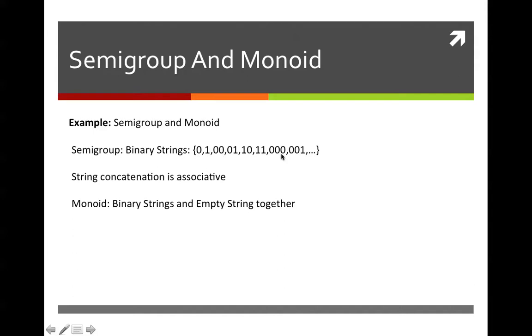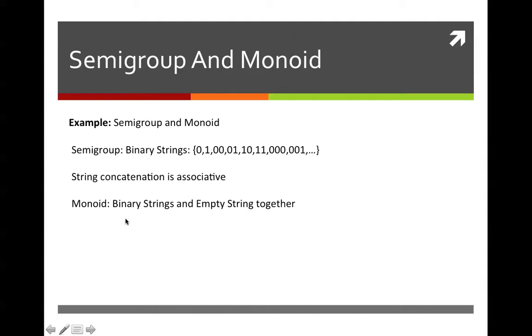If you take any two of these elements in this set and concatenate them, you get another element in the same set, so it's closed. It is associative because if a string operation is associative, you can actually proceed in order in terms of concatenation, and you'll get the same concatenated string.